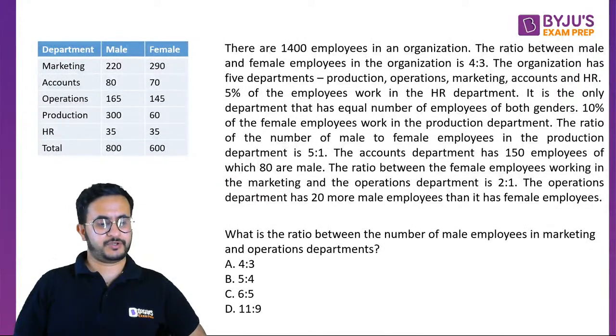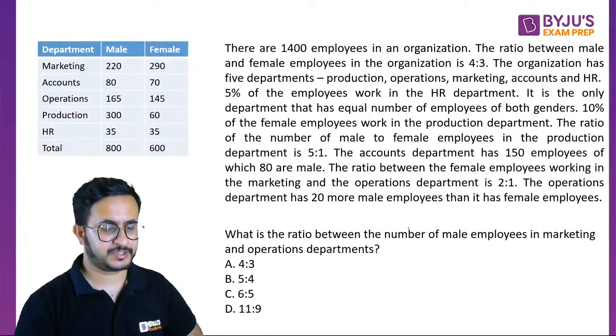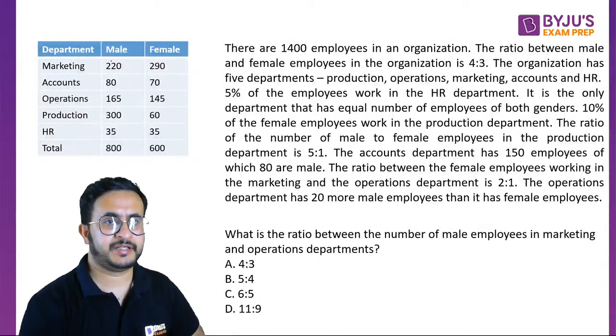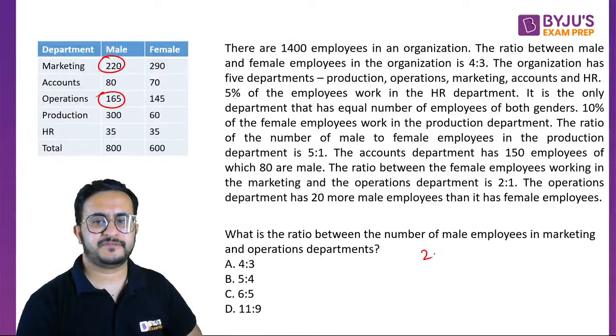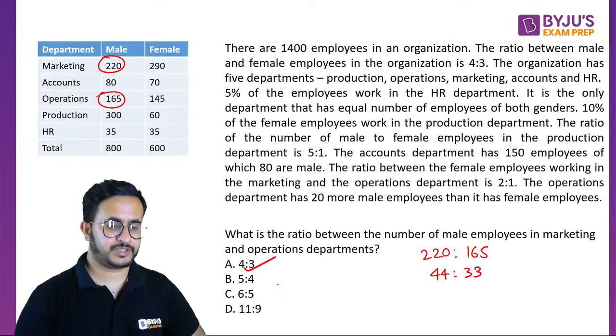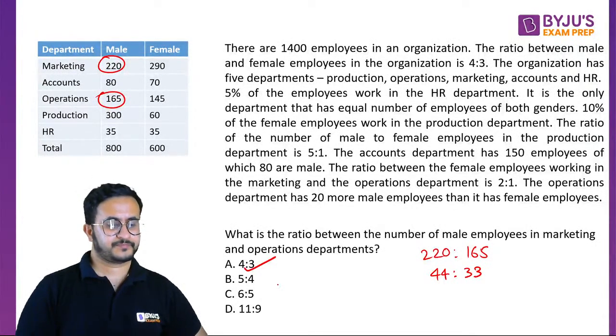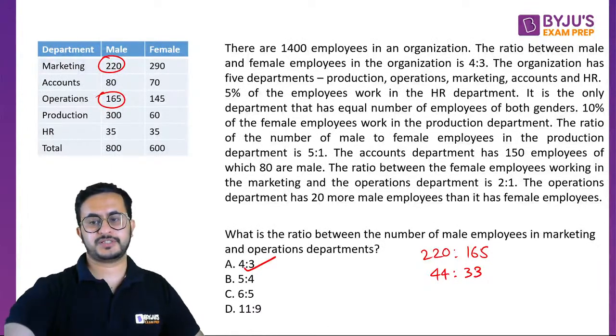Marketing it is 220, operations it is 165. So you can divide by 5, 44, 33. So you can say 4:3. 4:3 is the right answer.